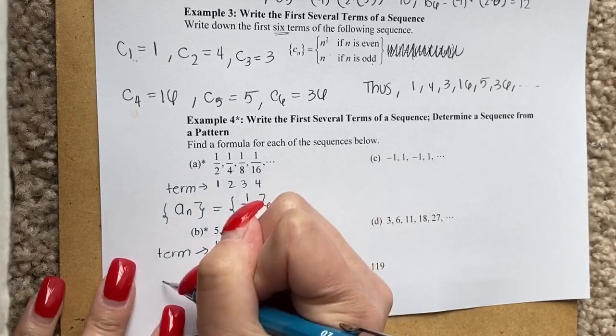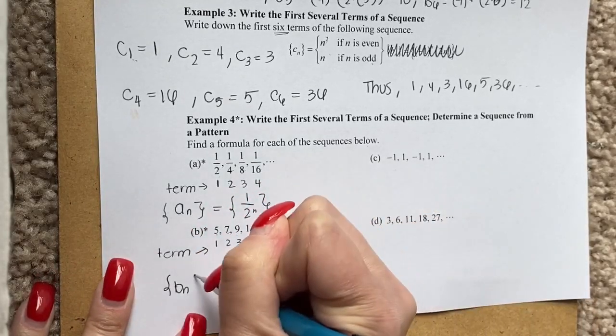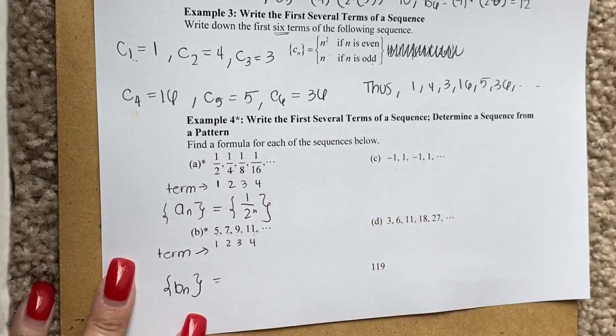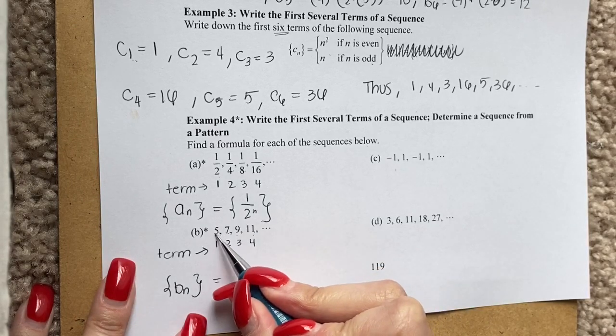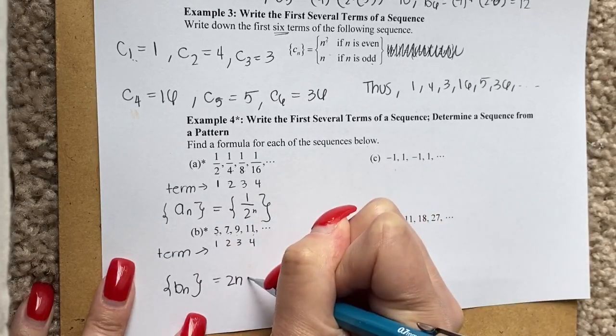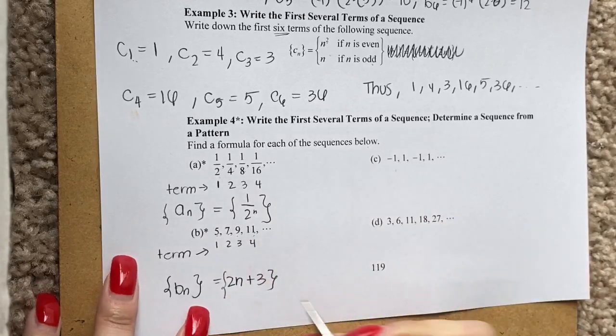So how in the world can I create a formula? I'm going to call this one Bn. It's going to be based on the original, but the original starts with 5. We're going to see this when we study arithmetic sequences, but this is going to be the formula. Why?